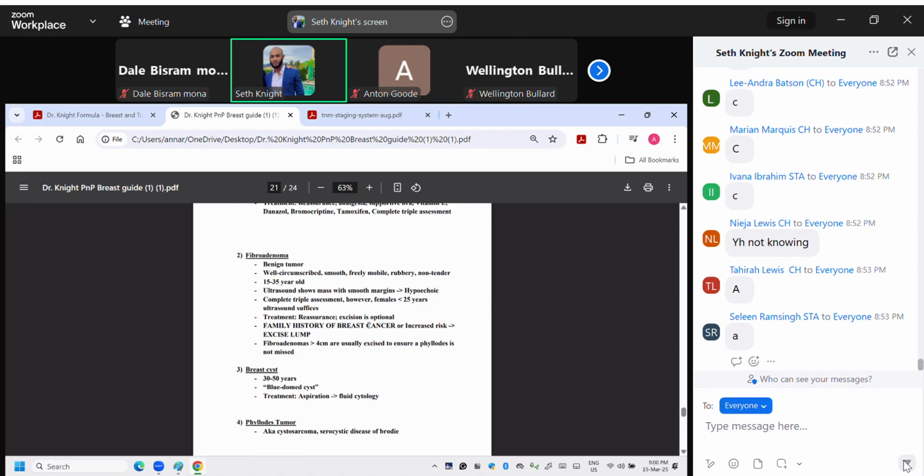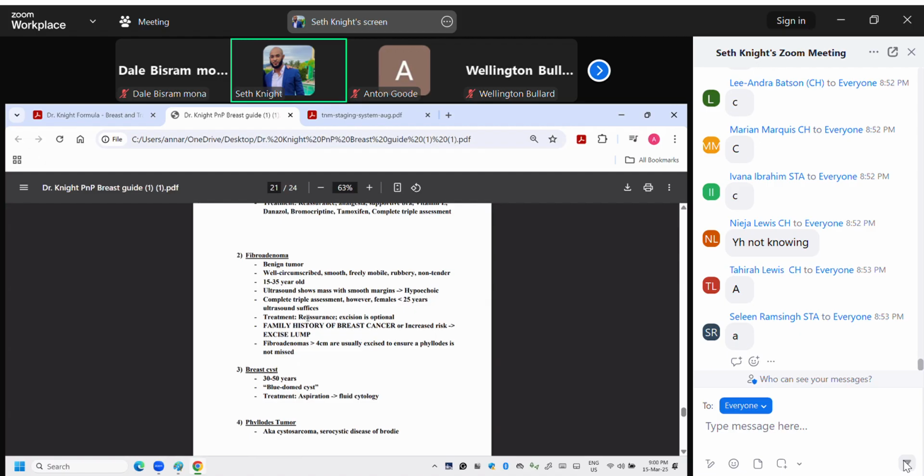Okay. We needn't take it out if she doesn't want, but remember, most of the time we just tell them it's a breast mouse. However, if she has a strong family history of breast cancer or she herself is at risk of breast cancer, we excise the lump. Okay? We excise the lump.